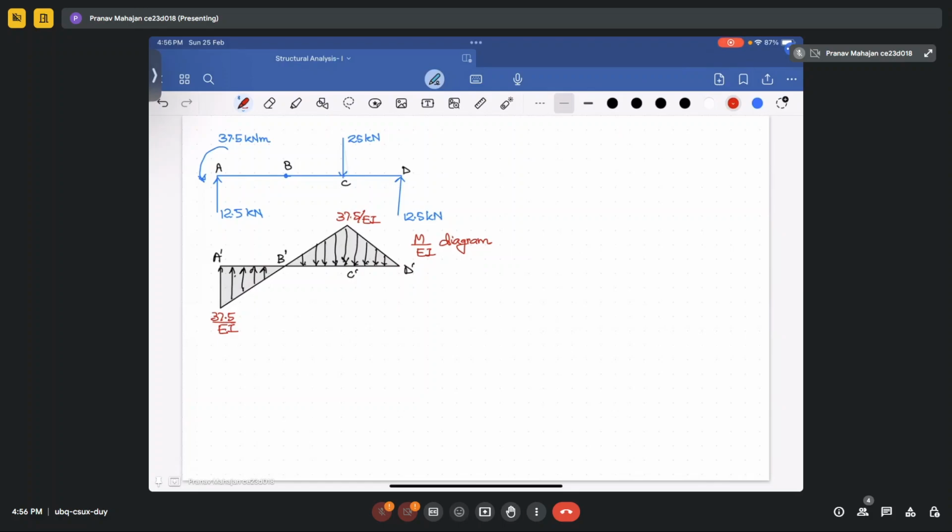Now calculate the value of reactions at these points. So use moment about point B equal to 0. You will be getting 56.25 upon EI into 2 plus 112.5 upon EI into 3, and that will be equal to dy into the distance. The distance is 6 meter for beam BD. From this, solving, you will get dy equal to 75 upon EI.